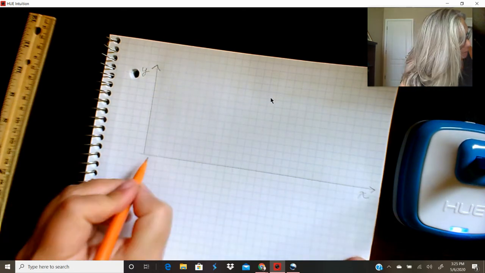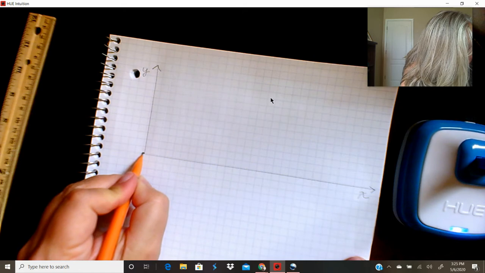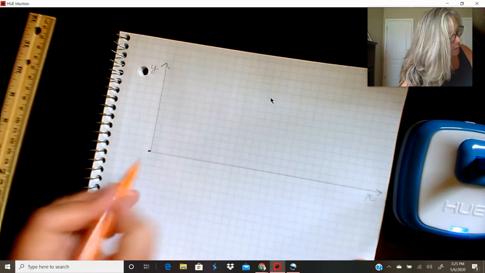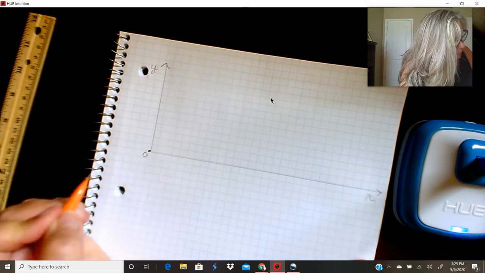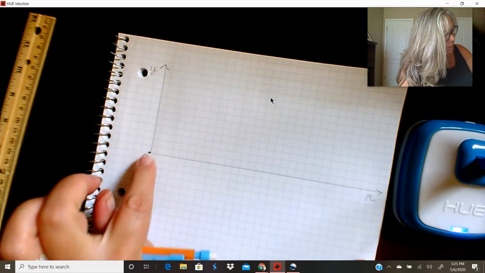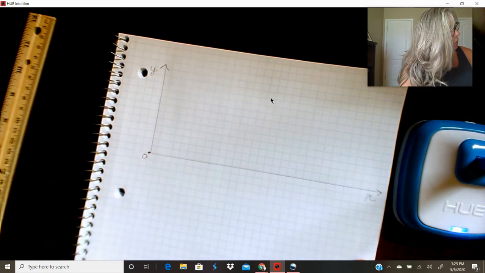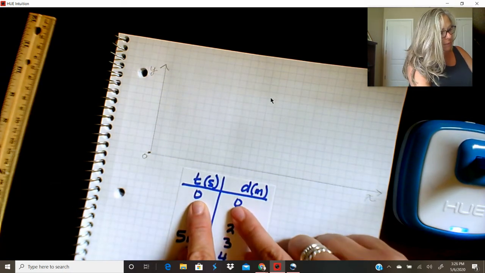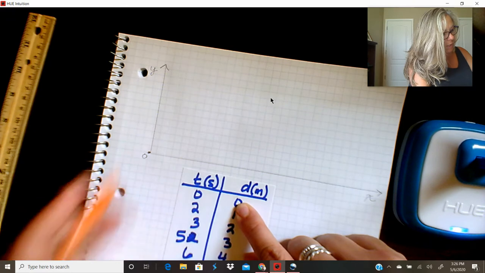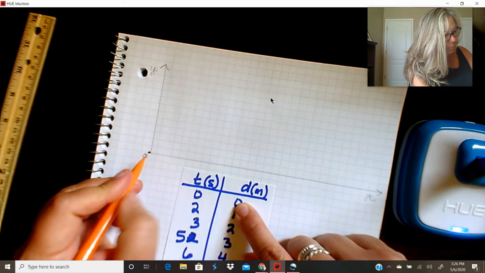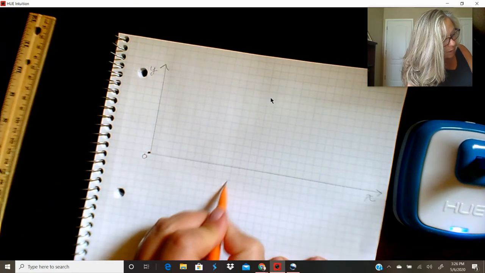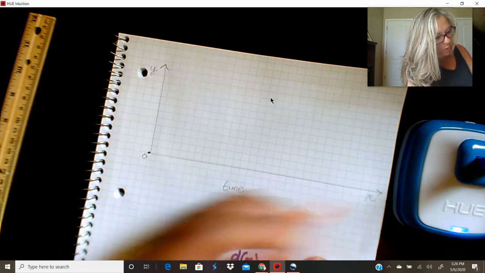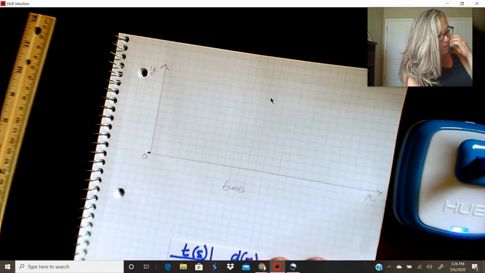Right here at this very corner where the y-axis and the x-axis meet, this is the 0 point. This point is what you would have on your data table when it says 0 distance and 0 time. That means no time, and we're going to mark the x-axis as our time axis because that's where we're going to graph the numbers for the time that passed.